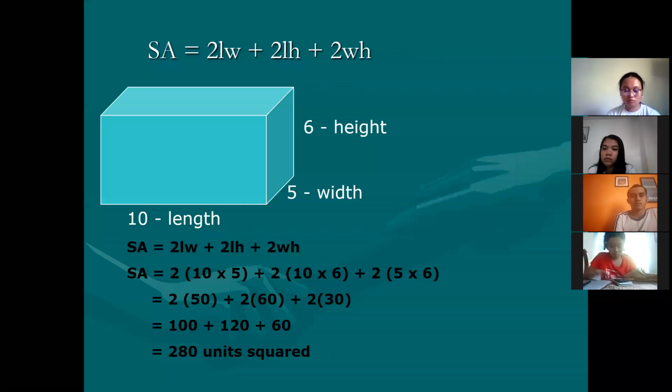You get the total surface area of the rectangular figure as 280 square units. Since we're still talking about area here, class, the final answer is in units squared.